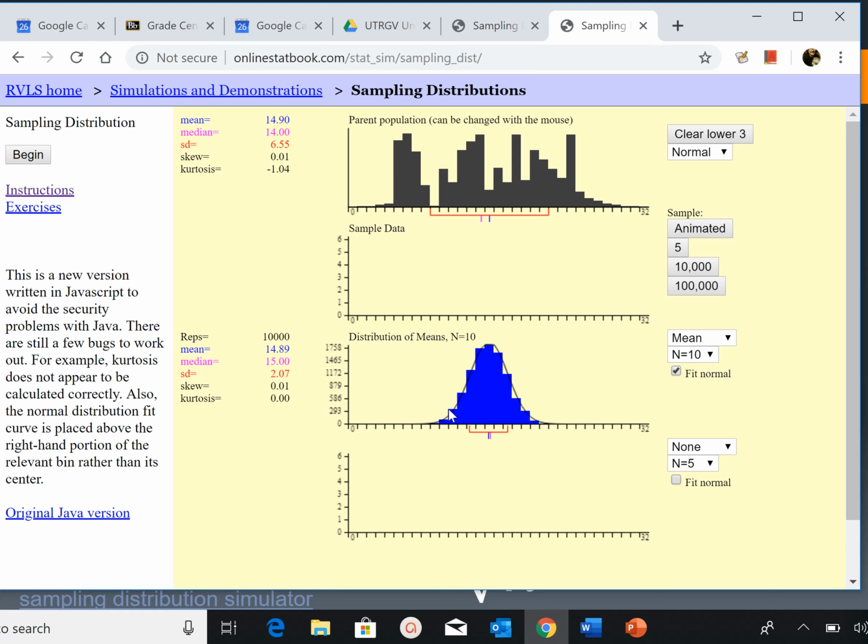But more interestingly, we get a normal distribution of the means. So the central limit theorem states several things. The mean of the sample means will be the population mean, assuming the samples are random, you took a sufficiently large number of samples, and the sample size itself is sufficiently large.